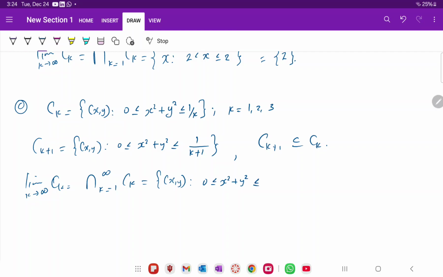For sufficiently large k, this restricts to 0, and then obviously this is an empty set, because we are dealing with 2 points and then we are getting 0.